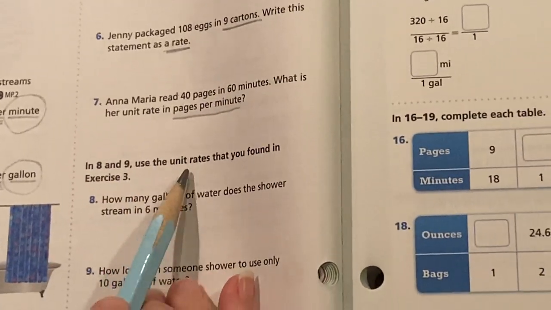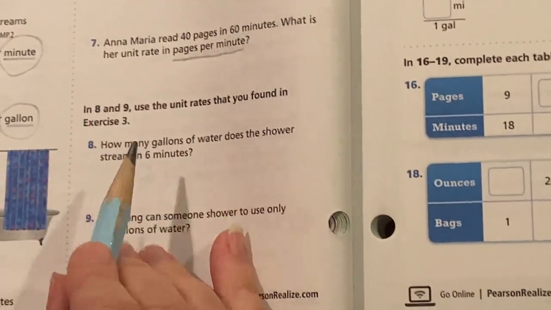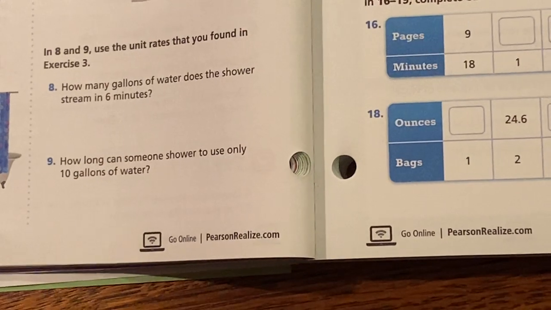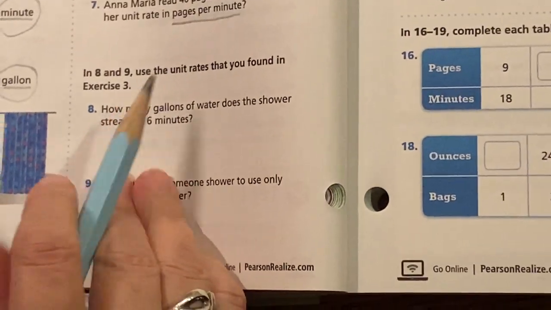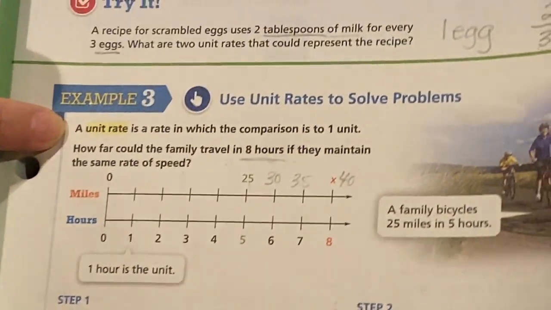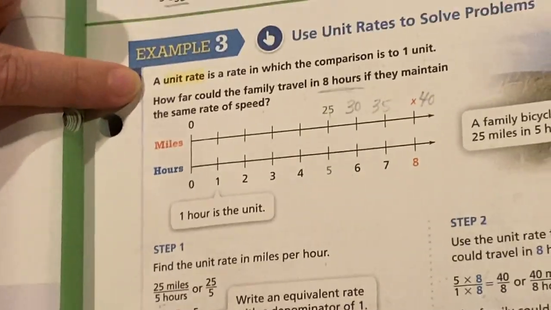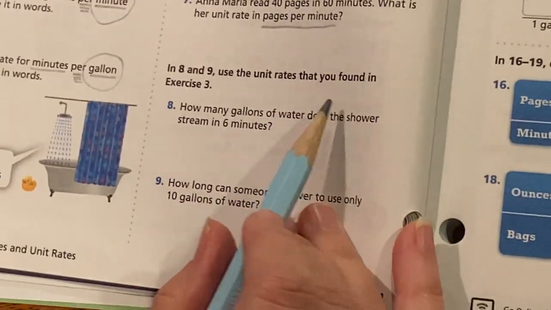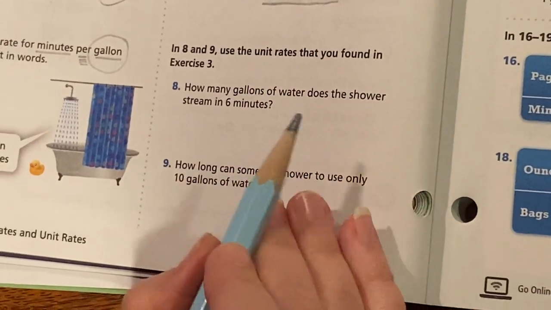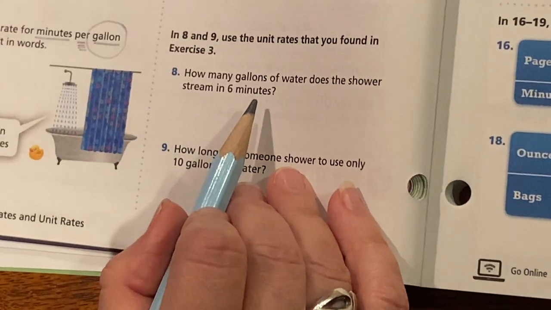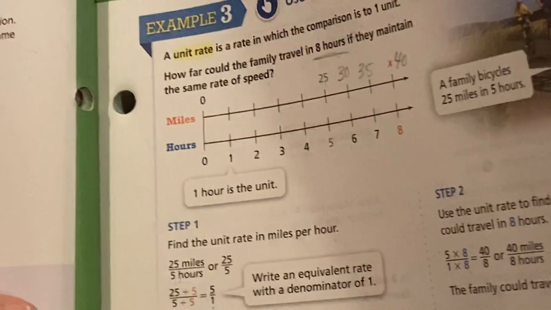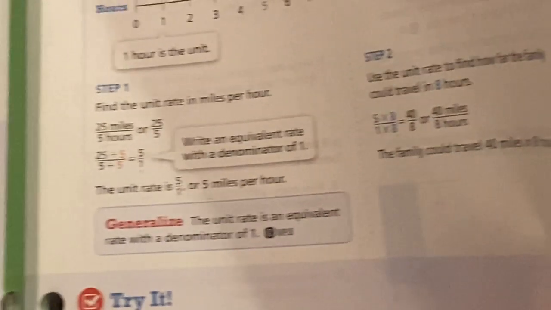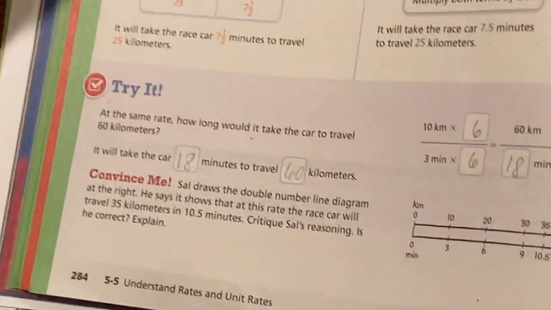In 8 and 9, use the unit rates that you found in exercise 3. So exercise 3 is right back here. It's the one about that family and their bicycle ride. So we're using those unit rates. Exercise 3. It's talking about showers. Oh, that's example 3.